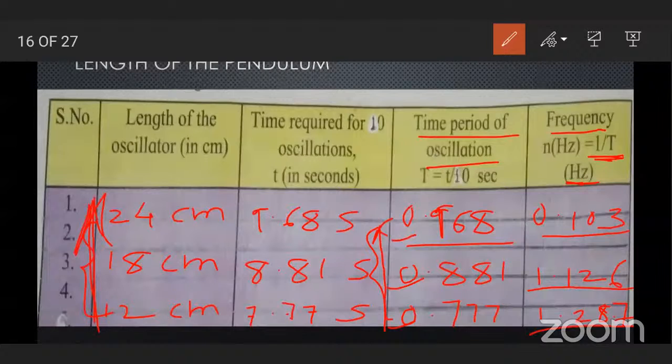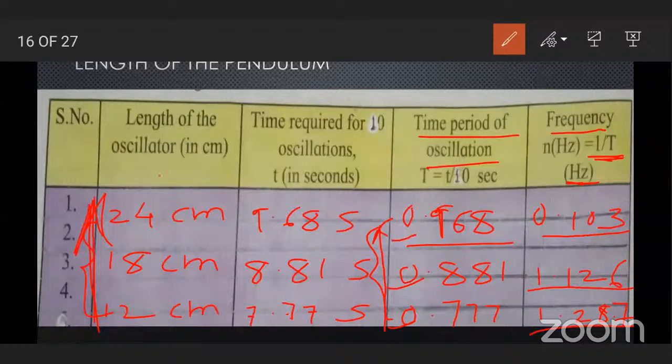Now, there is one more experiment to show the relationship between amplitude and time period. There is one more experiment like this, the same. But this time, you have to keep the length of the pendulum the same.